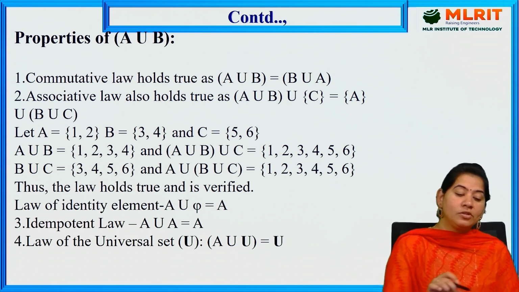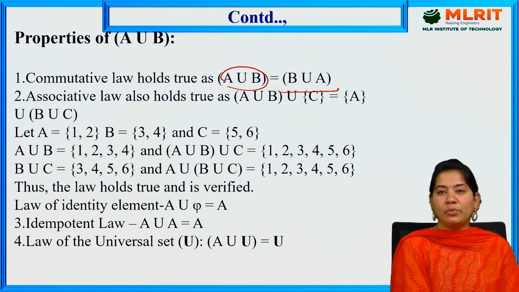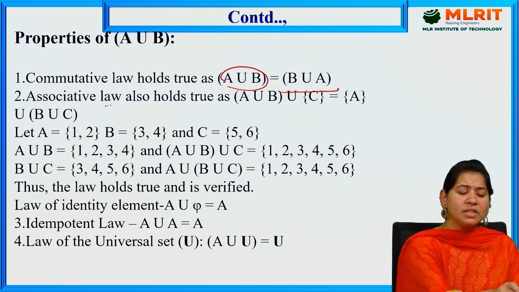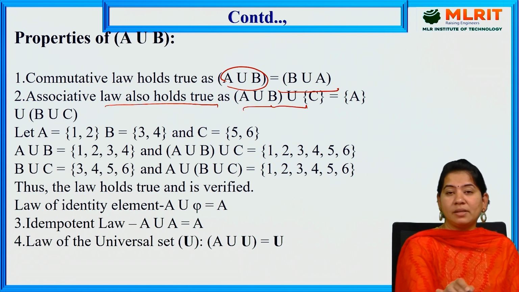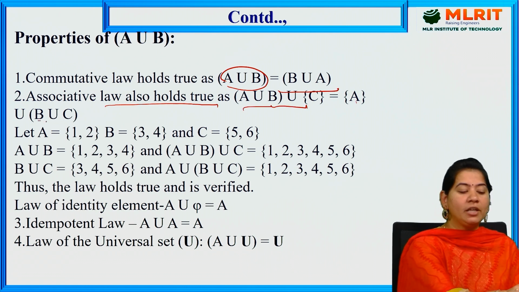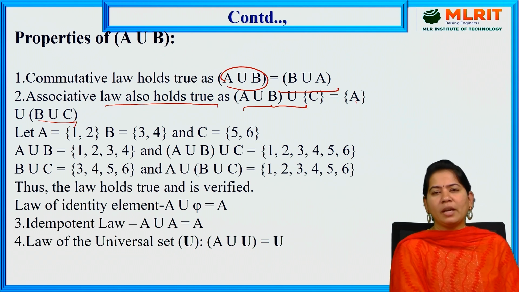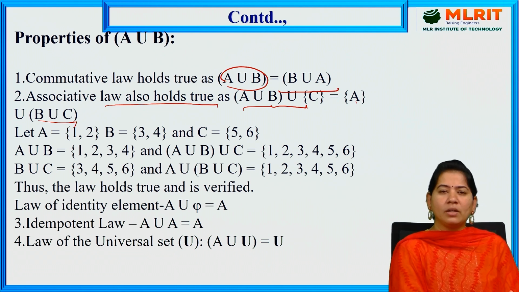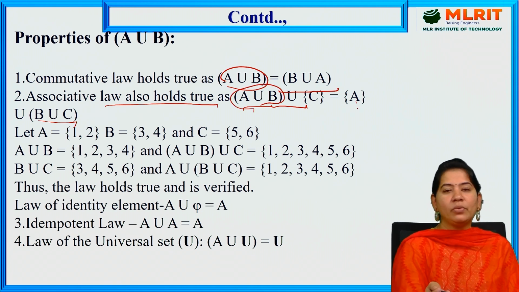Commutative law holds true, where A union B is always equal to B union A. And associative law also holds true, where A union B, union C is equal to A union B union C, with brackets placed differently. For the associative law, you can have only one operator, union or intersection. So here within the brackets, A union B, and there B union C within the brackets.